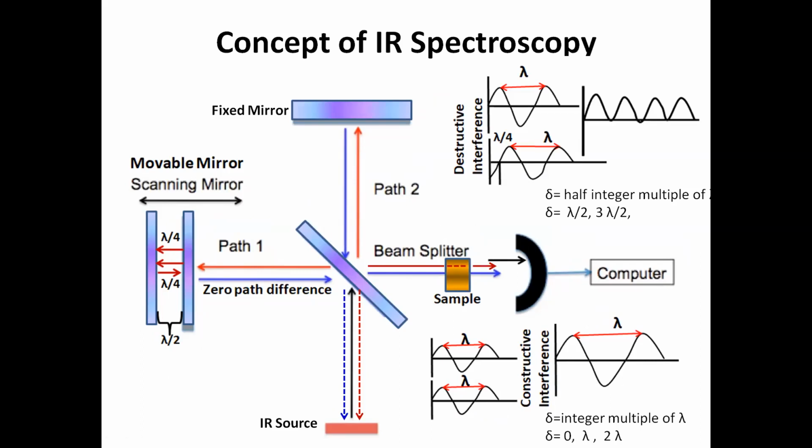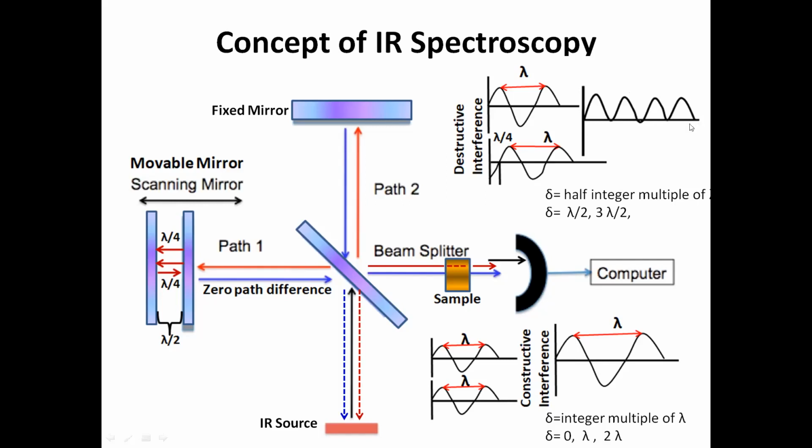When this constructive interference comes, delta path difference is 0, lambda, 2 lambda. But due to the movement of this movable mirror, when you create a path difference of lambda by 4, or lambda by 2, what will happen? Destructive interference will take place and you will get a wave like this.